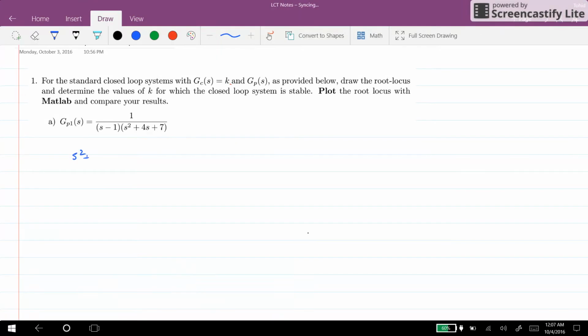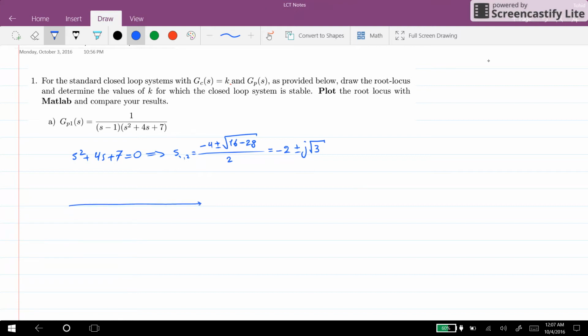So s squared plus 4s plus 7 equal to 0 will give us s1,2 located at (-4 plus or minus the square root of 16 minus 28) over 2, which will be equal to -2 plus or minus j square root of 3.